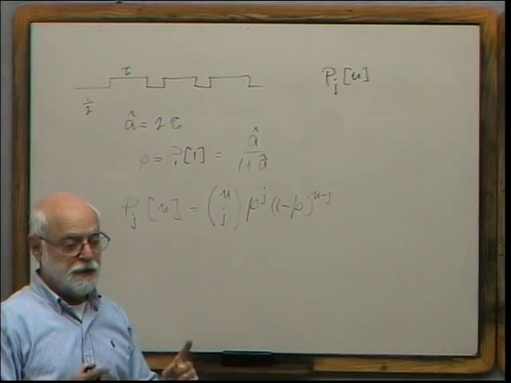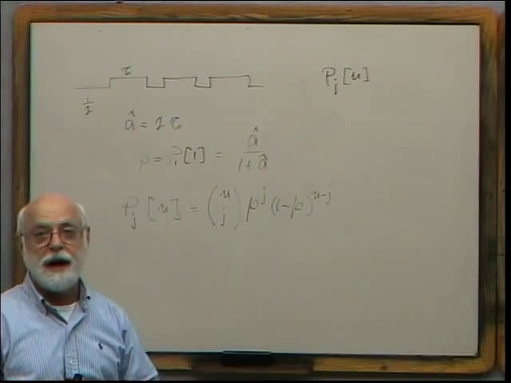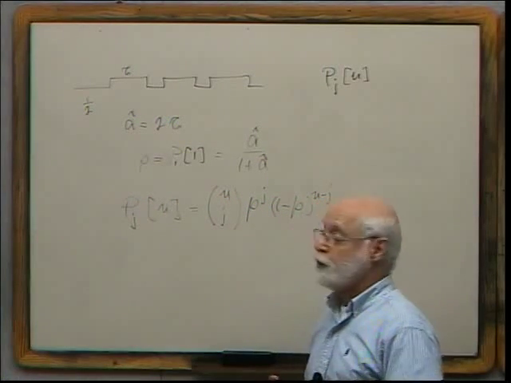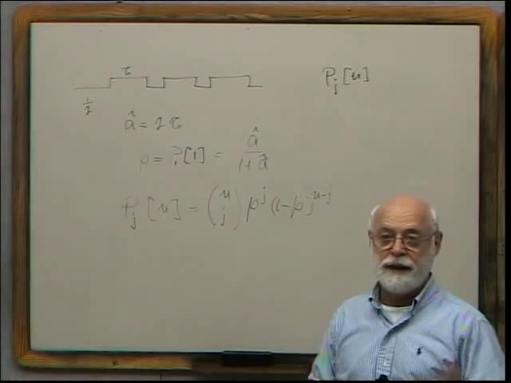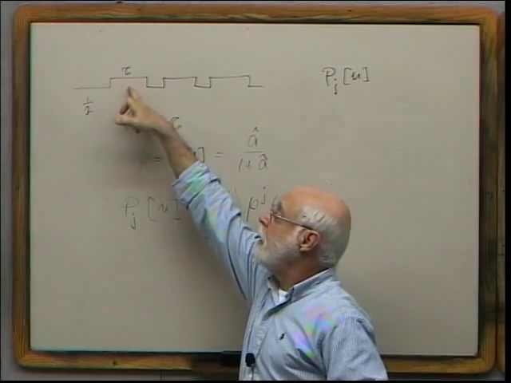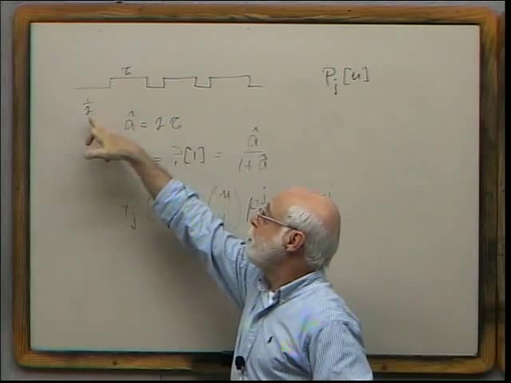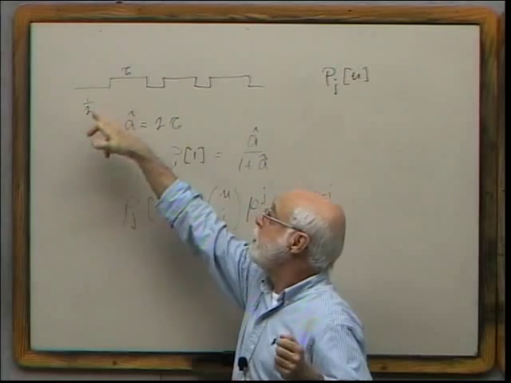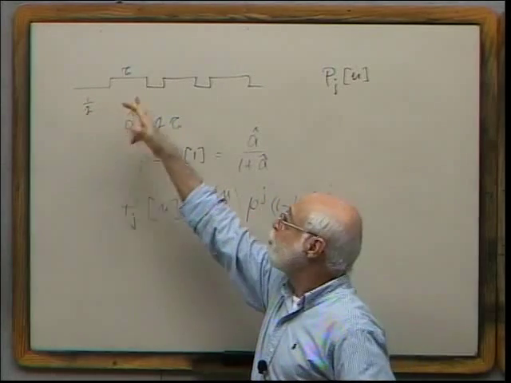The only thing that's going to affect the fraction of time that you're in either state is the ratio of the expected values of the time spent in each state. That is, the average time spent in the on state to the sum of the time spent in the think state, or the off state, plus the on state. And I derived this previously.